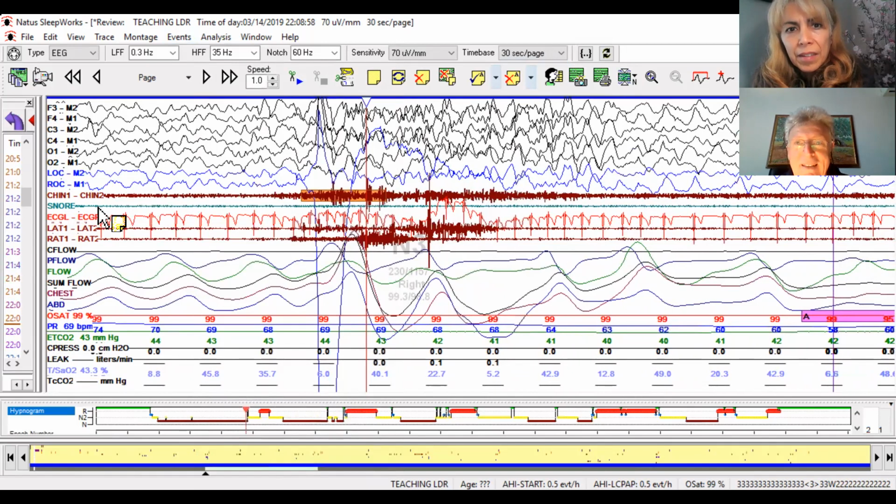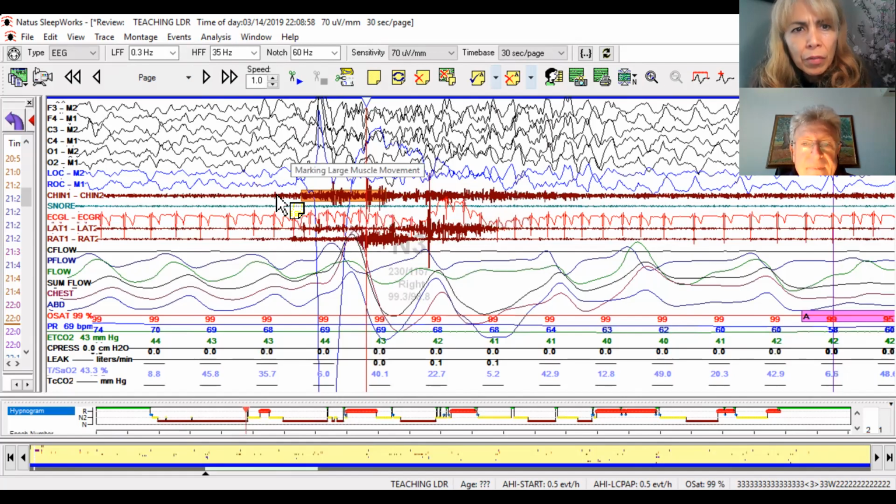Maybe you are filtering a lot. I don't know which filters you are using for the EEG. So the filters are here, the low filter and the high filter.